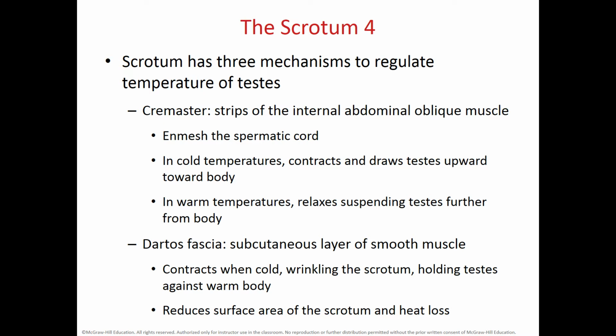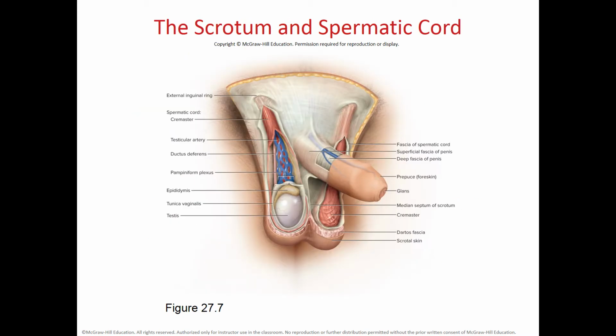And when the body temperature is warm, the dartos fascia will relax, so it will unwrinkle the scrotum so that you have more heat loss. So these are the layers of the spermatic cord and the scrotum.